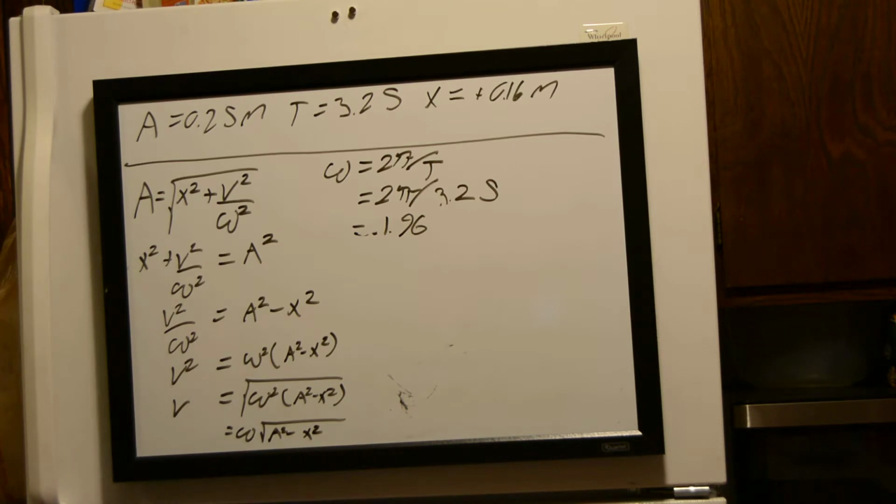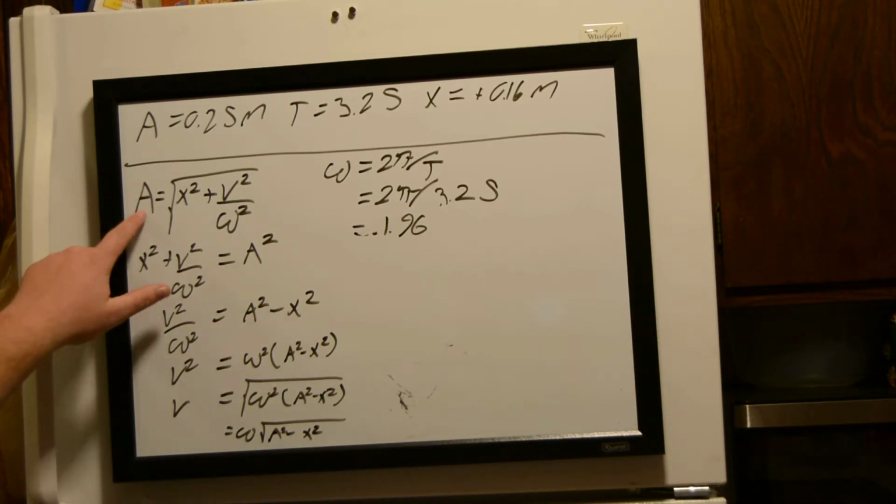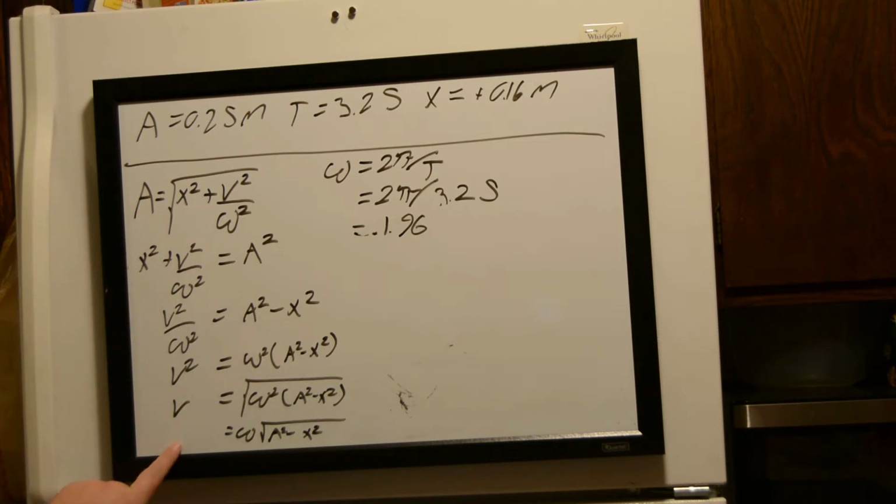Alright, so once we manipulate the equation that we're given for amplitude, we have velocity is equal to our angular velocity times the square root of our amplitude squared minus our position squared.